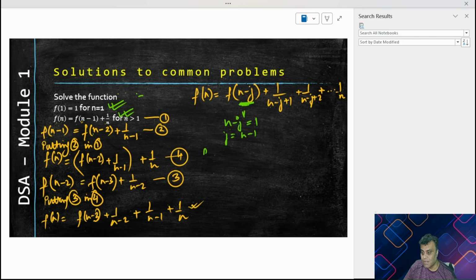Right? So can I therefore say that my fn is equal to f1 plus, my j has become n minus 1, so don't you think that this will be 1 by 2? Because my n minus j is 1, or you can treat it as j equal to n minus 1. Either way, solve it, you'll get 1 by 2. Solve the next, you'll get 1 by 3.